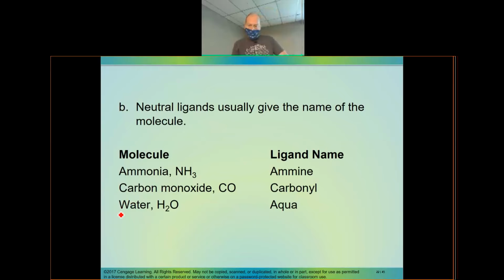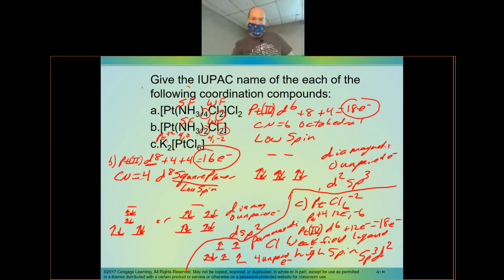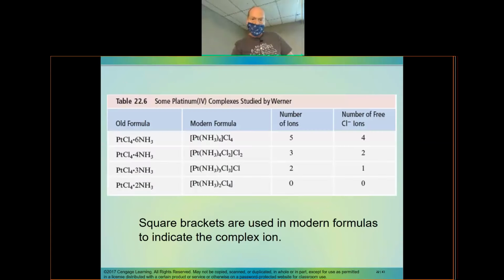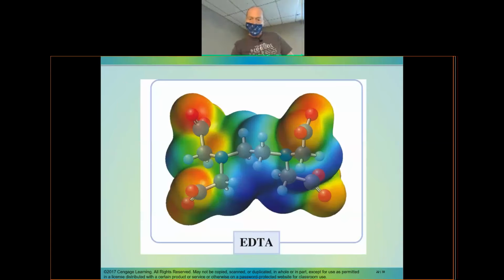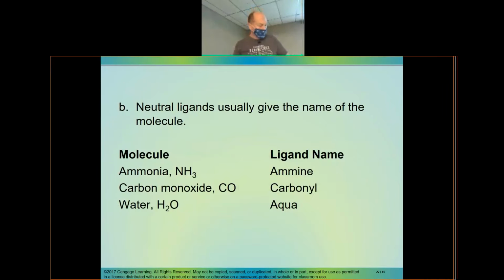This is just give the structure, right by the naming. All right, so we're going to do a diaqua. So the name is right there for you, diaqua, then dicyano, and then copper 2.